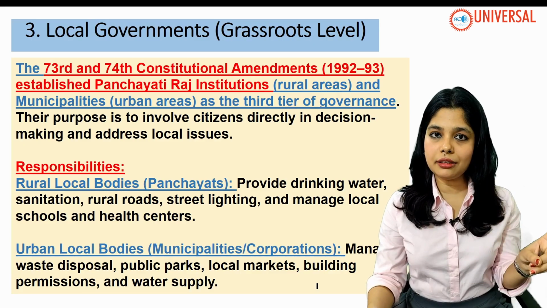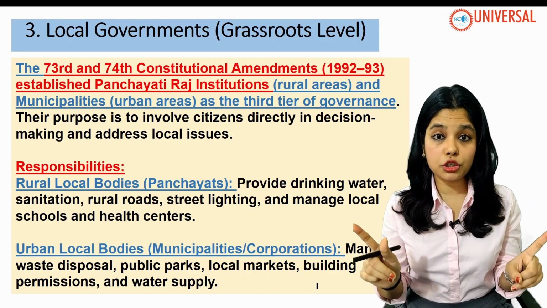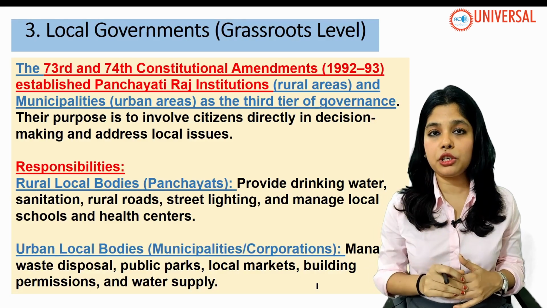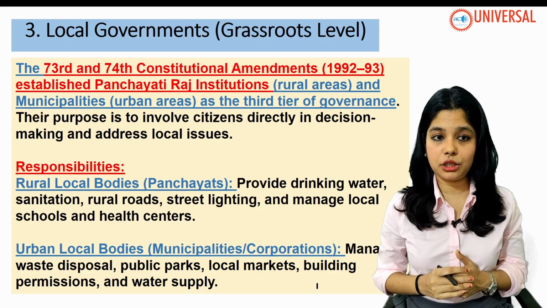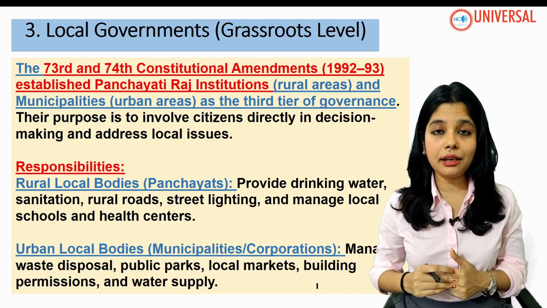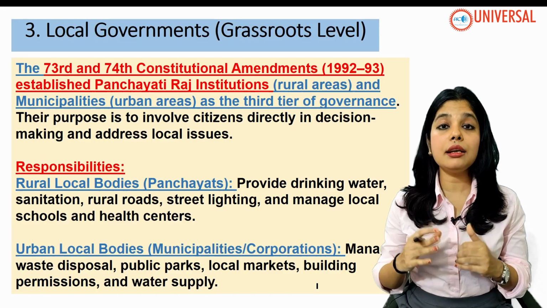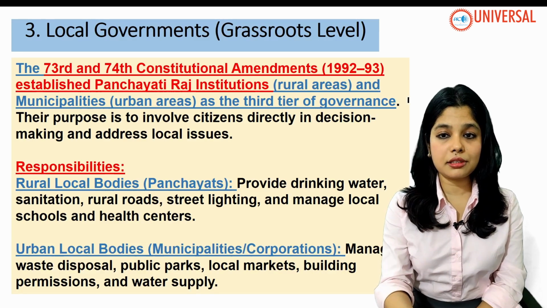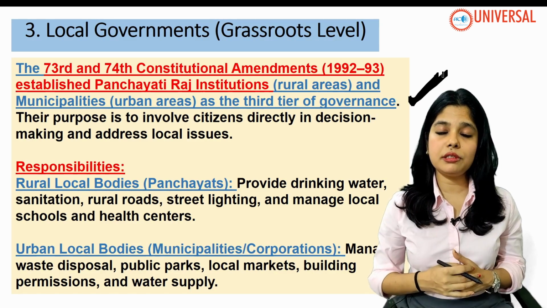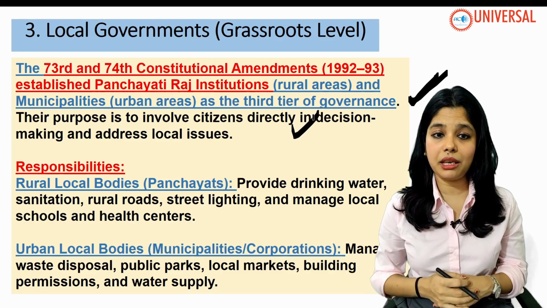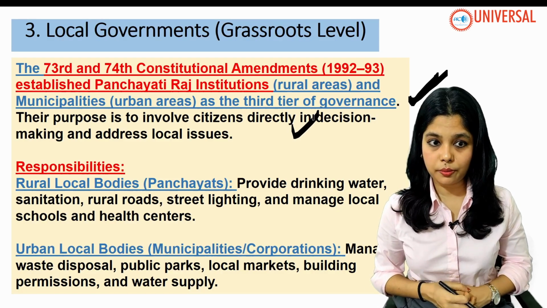So the 73rd and 74th Constitutional Amendment Act of 1992-1993 established Panchayati Raj institutions and municipalities. Panchayati Raj in the rural areas and municipalities in urban areas at the third tier of governance. This is the third tier of governance. Their purpose is to involve citizens directly in decision making and address local issues.